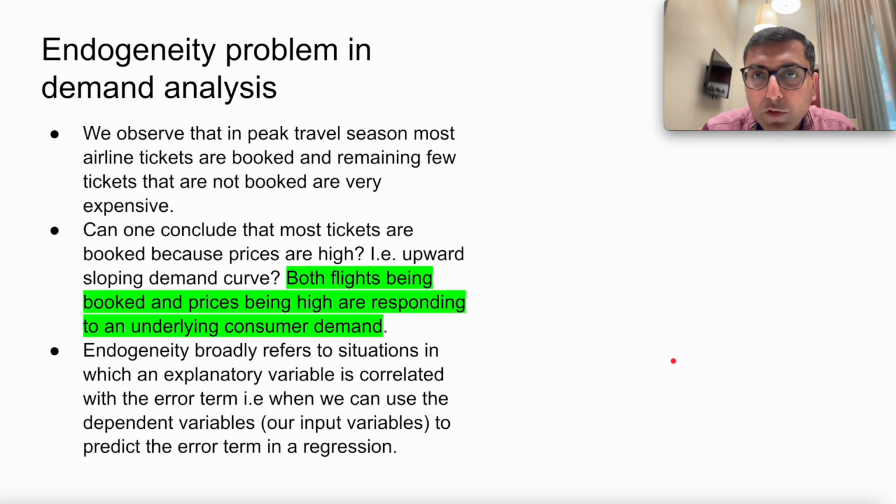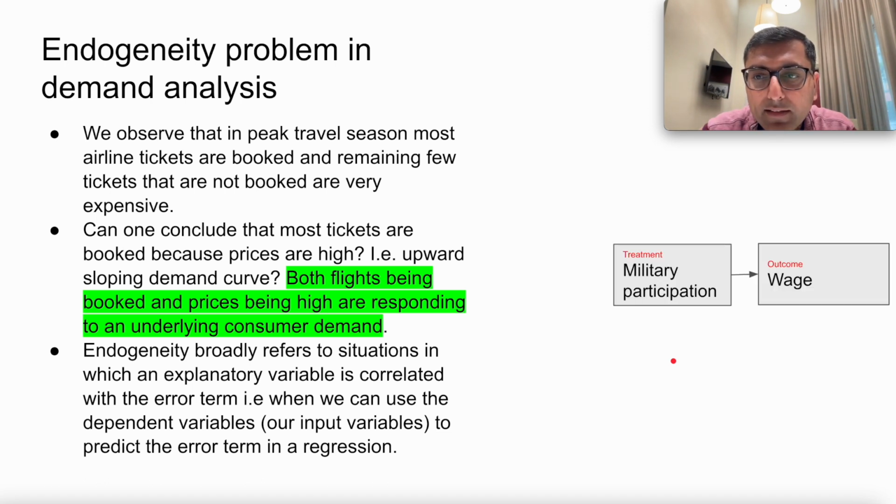And so in essence, what we're trying to find out is whether there is something else, right? So let's take an example to make it real. Let's say you're trying to predict the wage of someone, the outcome, with this one variable: if they participated in the military, what's their wage, right?